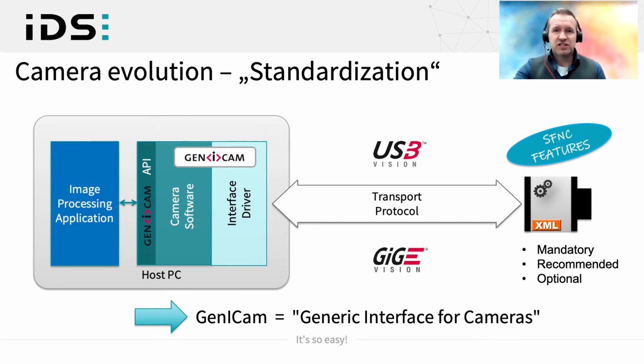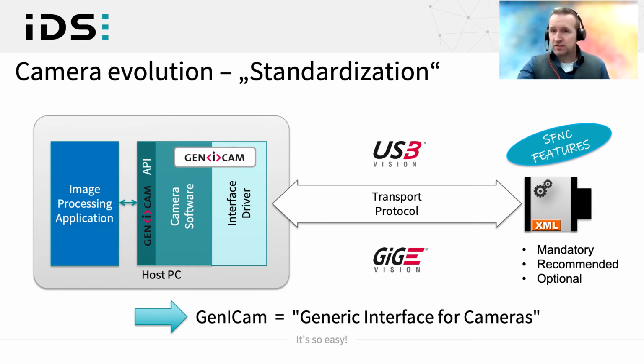The resulting generic interface for cameras, so-called GenICam, thus describes and abstracts access to all available camera features across manufacturers and transport protocols. This makes GenICam the perfect application basis when features change with each camera model or can be extended by firmware updates.